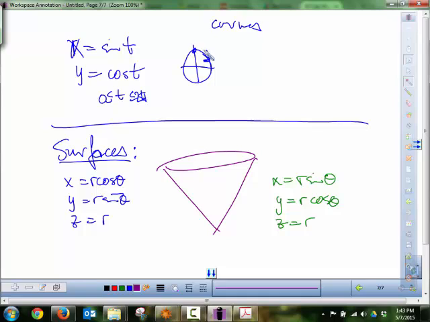So when we talk about curves, we parameterize curves, and then what we have when we parameterize curves are tangent vectors, right? Just the derivatives. Over here, when we parameterize surfaces, we're drawing it a certain way, and I didn't draw this picture earlier, but maybe I should have.